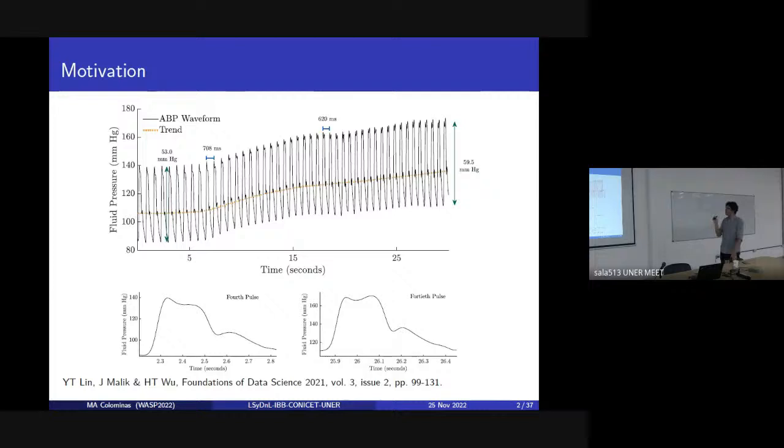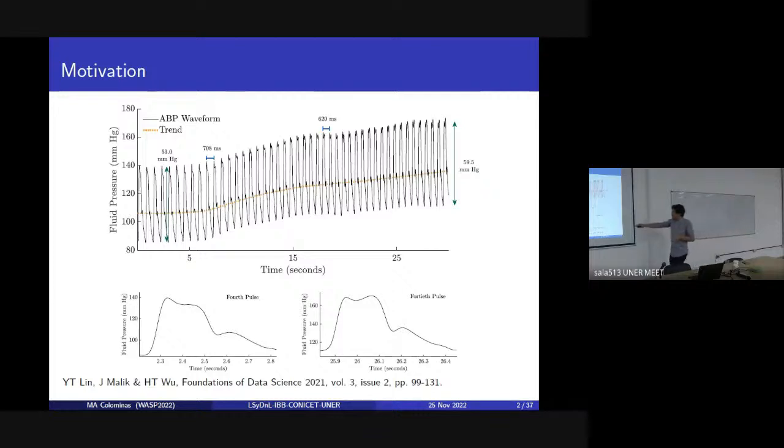But the point here, which is something that I will develop through the talk, is that there is an extra feature in the sense that the waveform changes. There is this pattern of oscillation that could be quite constant, but it can present slight changes, but it can also present sudden changes that we will see later.